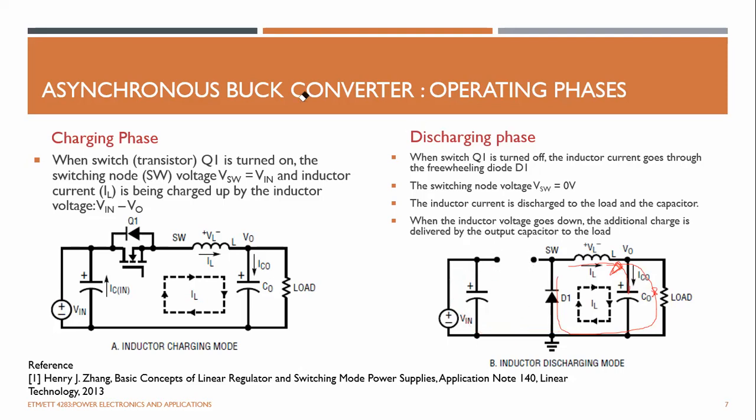So the only path is returning back through this freewheeling diode. That will reduce the flux lines of the inductor, and the inductor will keep circulating the current. And so the stored energy of the inductor is pushed back to the output capacitor and the load. So these are the two basic operating modes of the buck switch mode power supply.